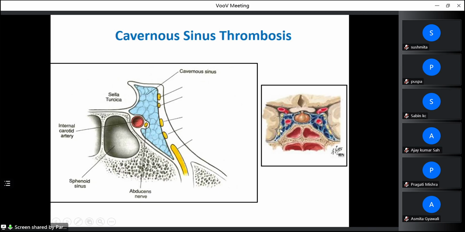The nerves are present adjacent to this cavernous sinus. So whenever there is cavernous sinus thrombosis, it will lead to infection of the adjacent nerves as well. The oculomotor, trochlear, and all three branches of the trigeminal nerve may also be involved. Most commonly, you can see the complication of cavernous sinus thrombosis in the extraocular muscles within the eye.